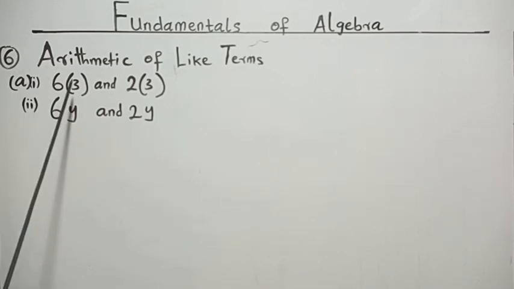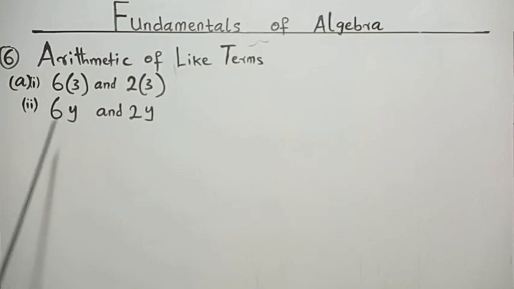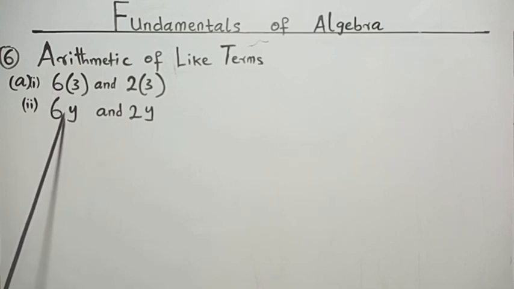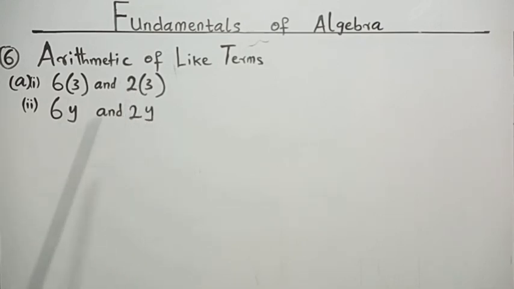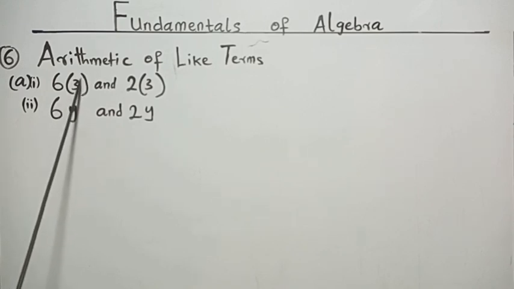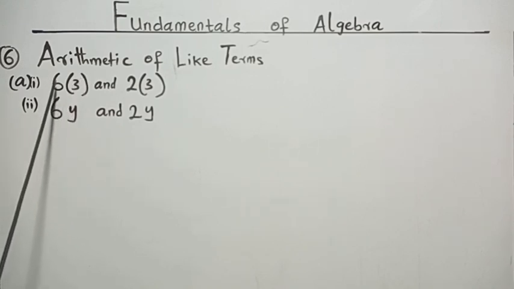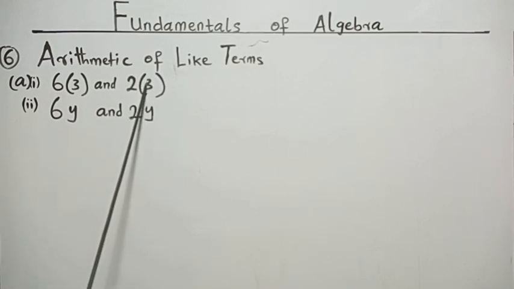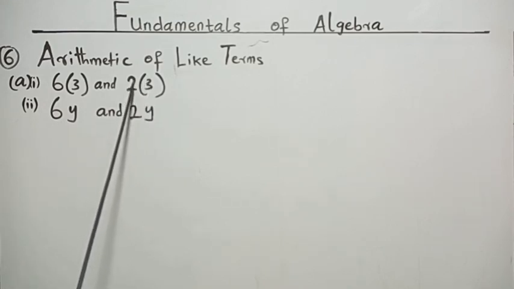Permit me to replace this 3 with y, so that in this case we have a corresponding expression 6y, and from here we have a corresponding expression 2y. That is, if 3 is replaced by y and 6 remains, let it become 6y, and 3 also replaced here by y and 2 remains to make 2y.